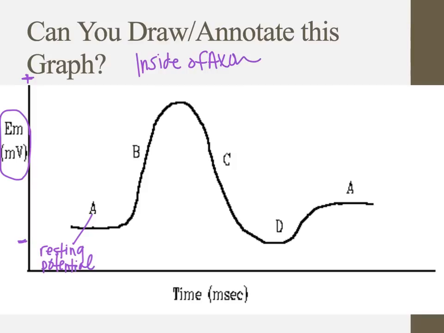Okay, at point B, what we have are those sodium ions rushing into the cell. Those sodium ions are coming into the cell. They reach a peak positivity. This is my action potential.